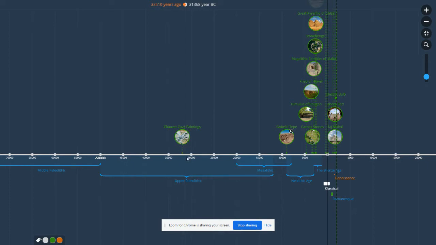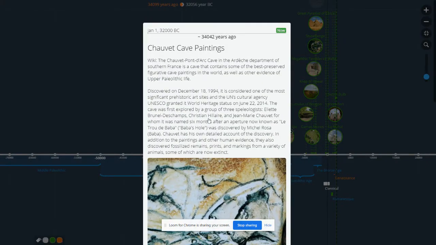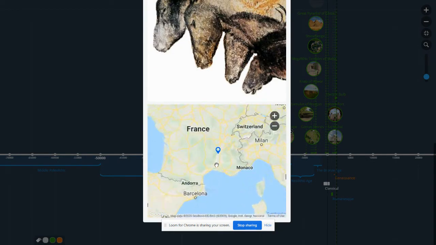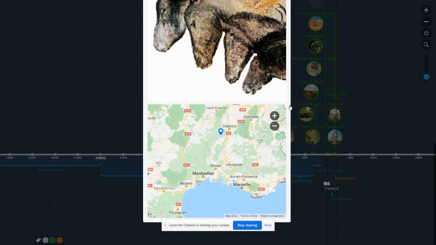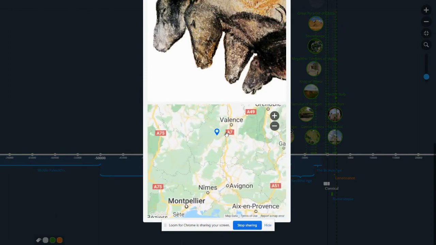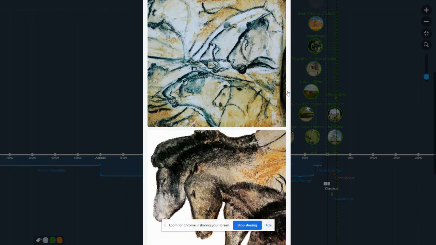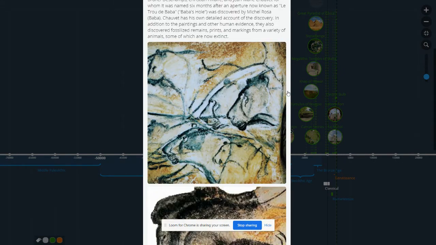So the Chauvet paintings in the Upper Paleolithic era are 34,000 years ago, so really ancient. And we find them in France, a little south of France, in a cave. And if you look at the paintings, they are just absolutely amazing.